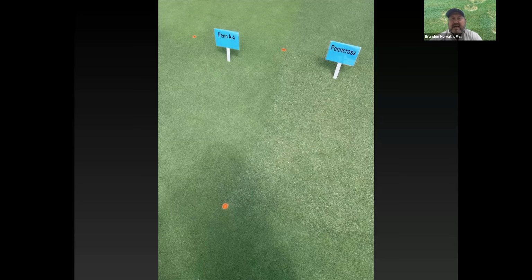That's exciting to see, and certainly gives us potential as turfgrass managers. If you're in a situation where you can make a choice about the genetics you employ on your putting surfaces, that's a pretty cool thing.